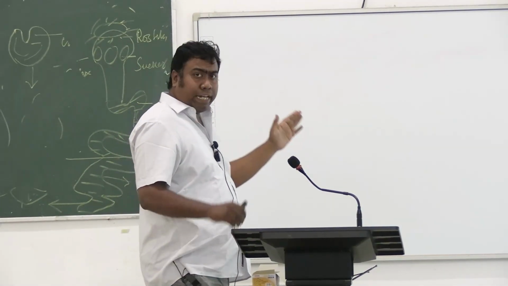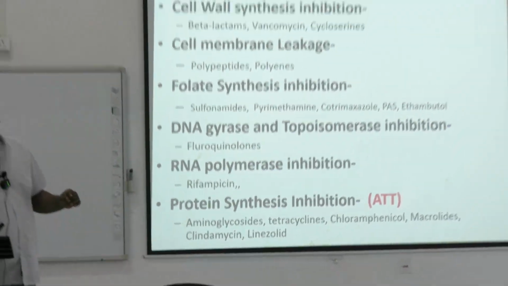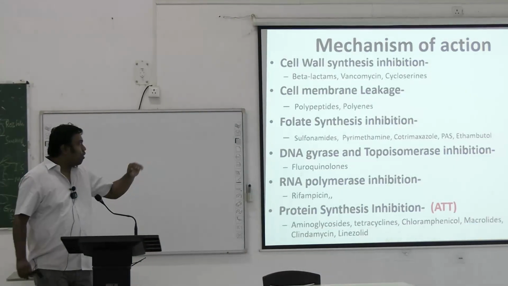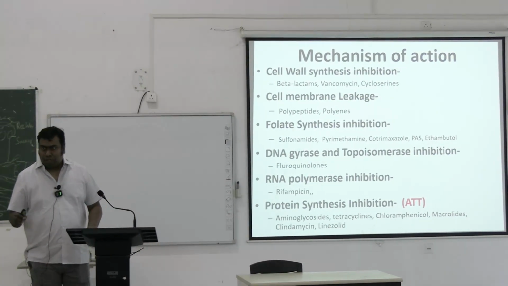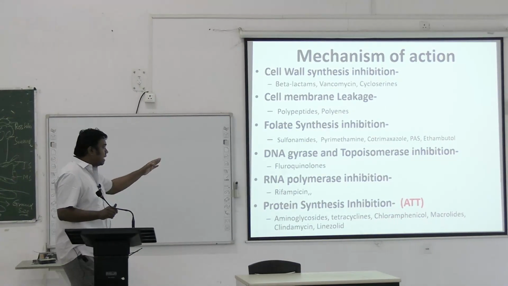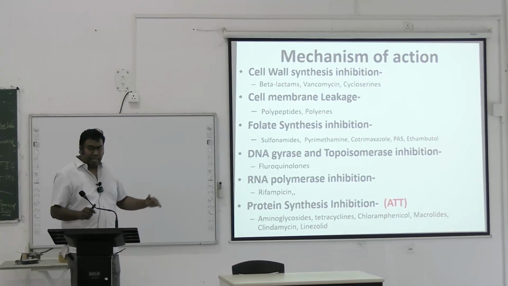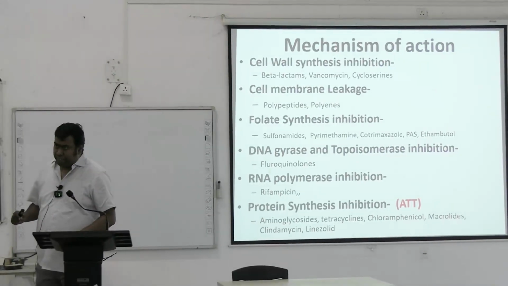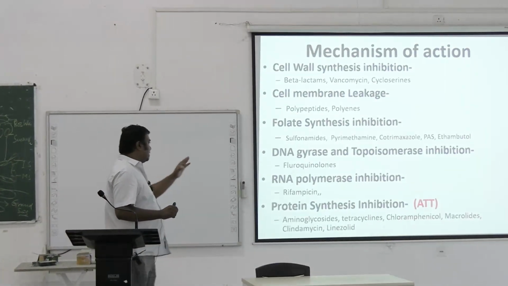Then we come to DNA. DNA gyrase inhibitors or topoisomerase inhibitors are fluoroquinolones. Ciprofloxacin, gatifloxacin, these are DNA gyrase inhibitors. Then after DNA, what? RNA. For RNA, rifampicin. Rifampicin inhibits RNA synthesis, or is an RNA polymerase inhibitor.